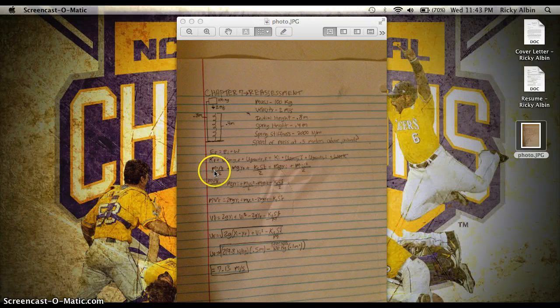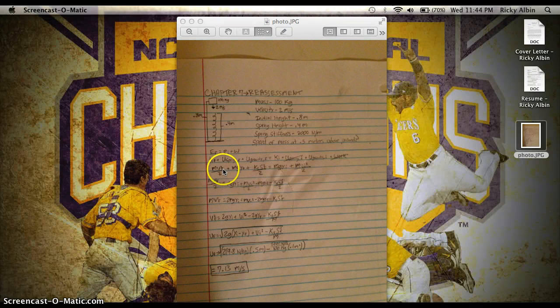So this can be rewritten as m v squared final over 2 plus m g y final plus k_s s squared final over 2 equals m g y initial plus m v initial squared over 2.